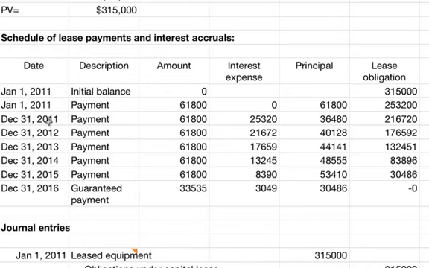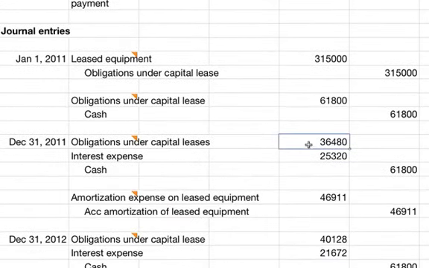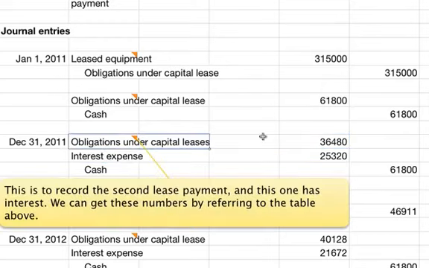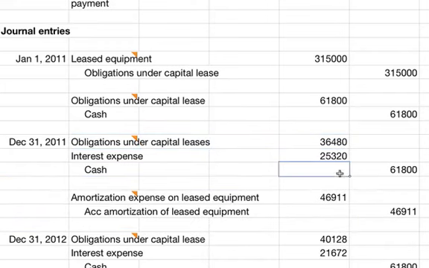It's the second payment, but it's the first payment that includes any interest. And then the interest expense is $25,320. So interest expense $25,320 and obligations under capital lease $36,480, added together, equal the full payment amount of $61,800.